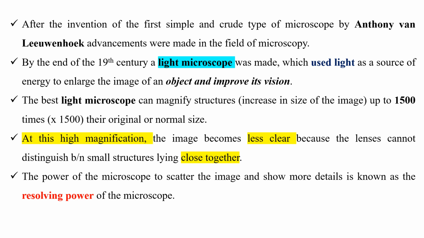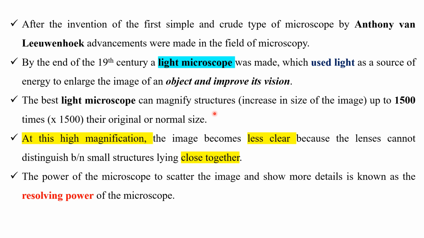For example, at the end of the 19th century, the light microscope was made, which uses light as a source of energy to enlarge the image of an object and improve its vision. The best light microscope shows objects 1,500 times greater than their normal size.